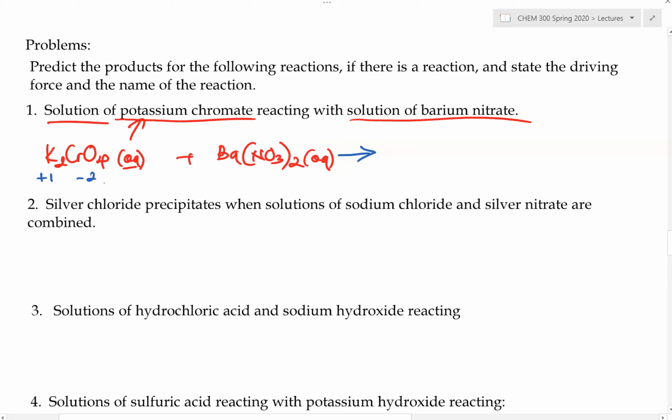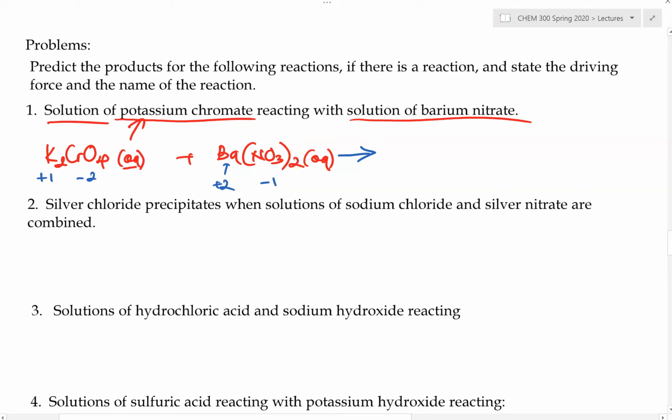So we are identifying our cation and our anion in the first ionic compound. Now we move to the second compound and do the same thing: identify the cation, the anion, and the charges. Here, barium is the cation, and that is positive 2. And nitrate is the anion, and the charge is negative 1. Again, only focus on the charges.